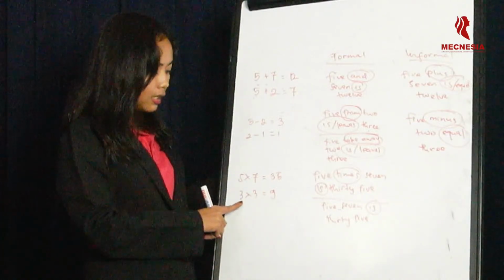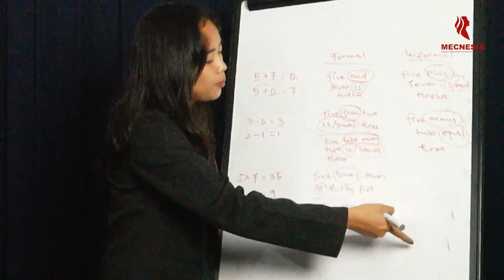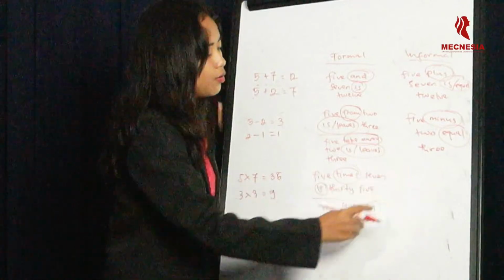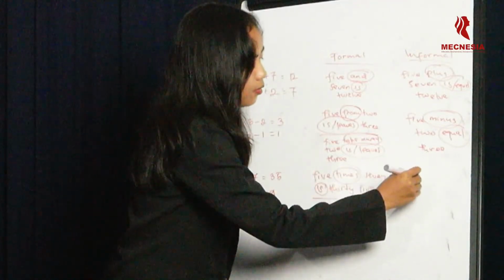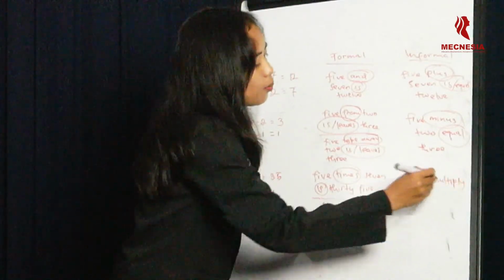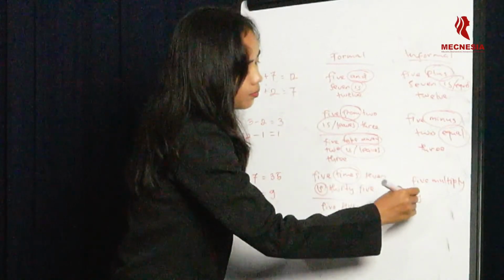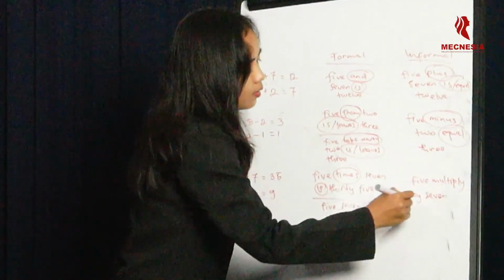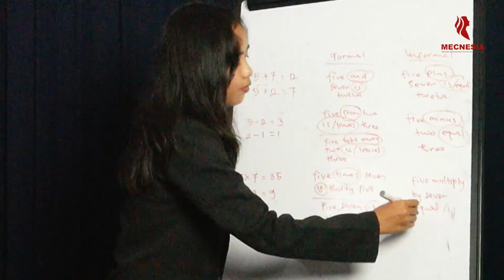Or, 3, 3 is 9. For the informal one, we use multiply. 5 multiplied by 7 equal or is 35.